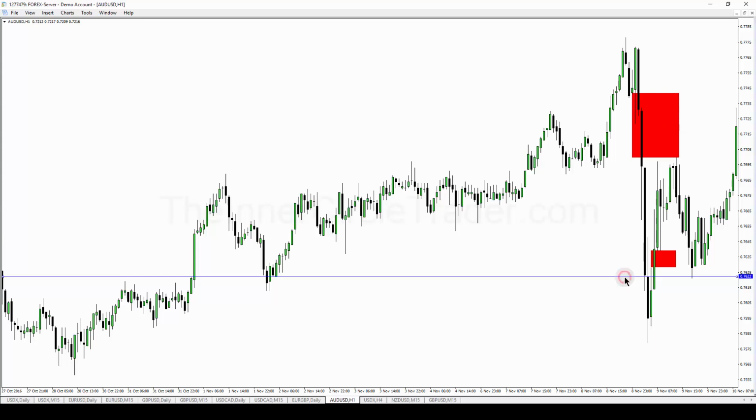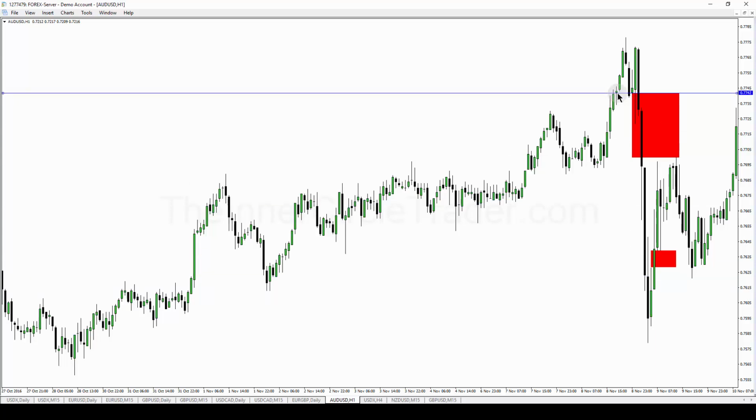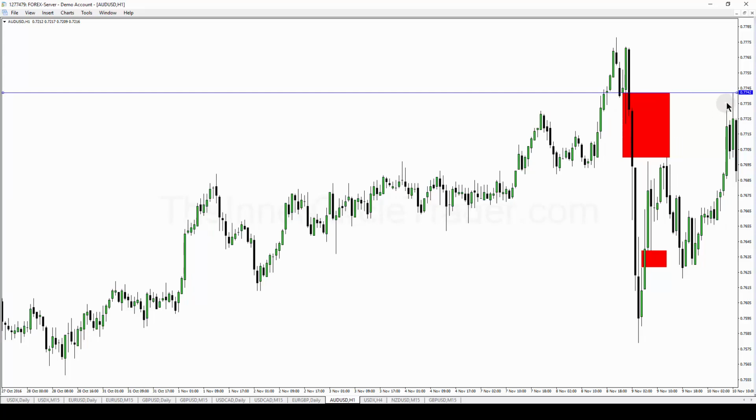So now we're going to take our level, put it right on that candle's opening, right there. The price trades up, hits it to the pip. The high comes in at 77.42. The open on this candle comes in at 77.42.